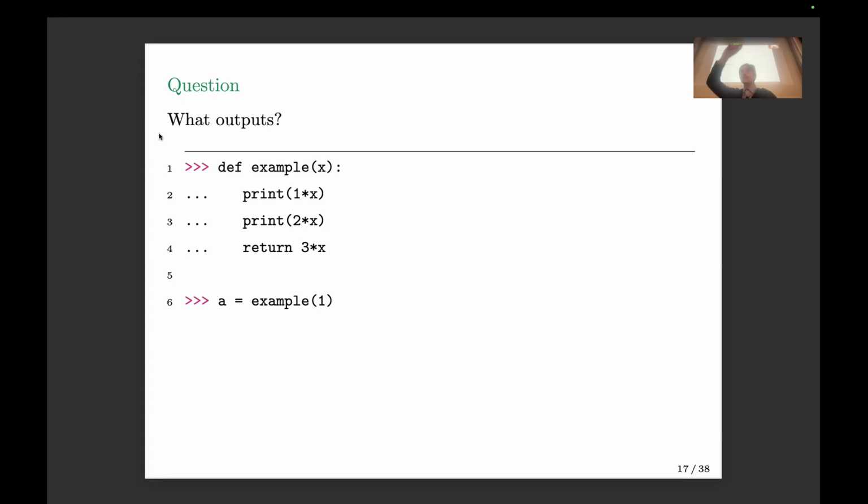It goes then back to line 1. It says, okay, that X, you're 1 now. Goes to line 2, prints 1 times 1, 1. Goes to line 3, prints 2 times 1, 2. Then goes to line 4 and returns 3. Okay, so exactly 1 is printed, 2 is printed, 3 gets stored in A, and we can see that.